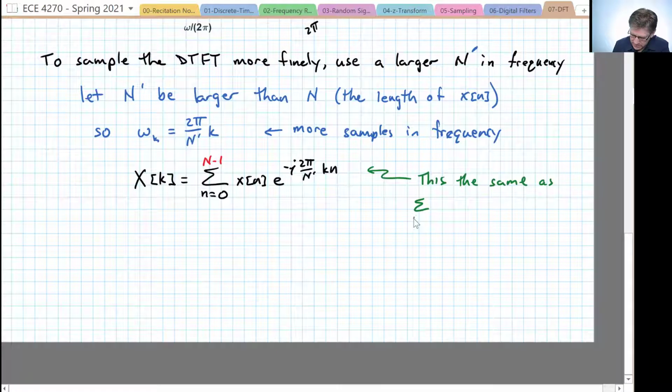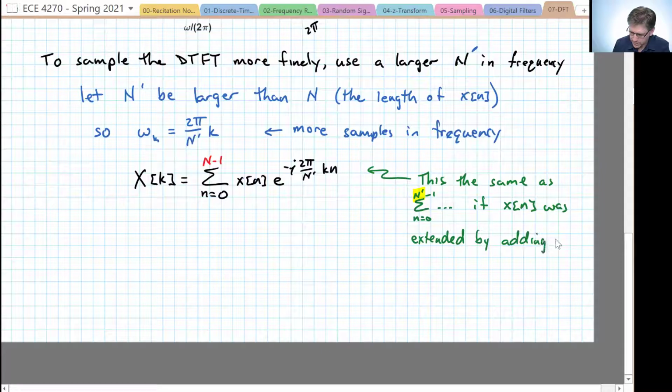As I just say, the sum from 0 to n prime minus 1, if x of n was extended by adding zeros.